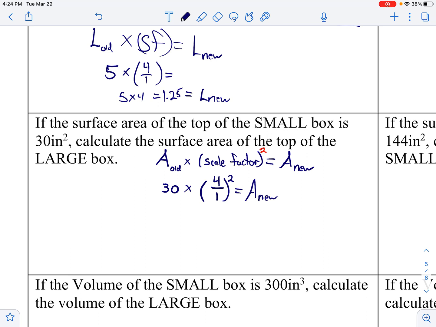So I get 4 over 1, which is 4, squared is 16, times 30 equals my new area. So 30 times 16, it's 480, I bet. Hey, I can still do some mental math.